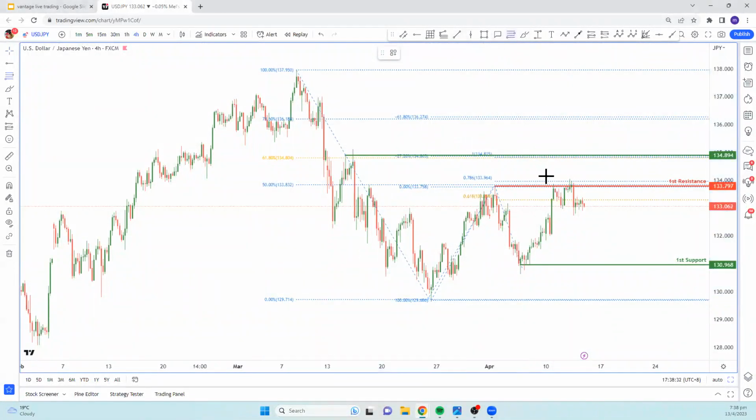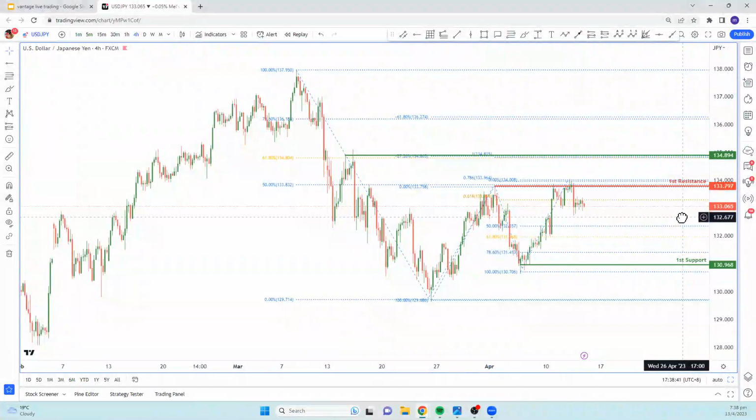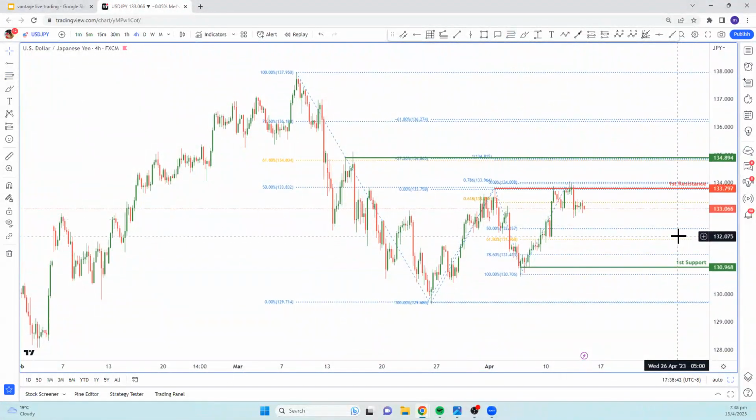Okay, and I'm going to pull out another retracement over here, just to see if we have any levels that line up.